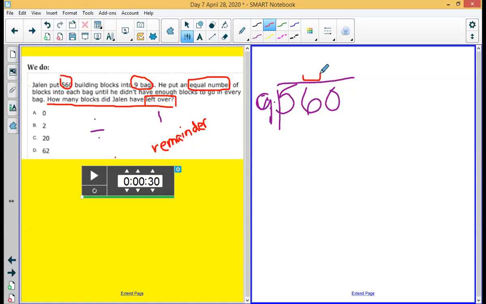If I skip count by 9s, I would skip count until I get to 9 times 6. 9 times 6 gives me 54. So I will put a 6 here. 6 times 9, again, is 54. Now we must subtract.